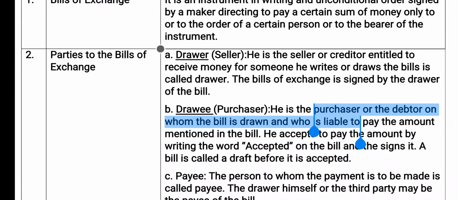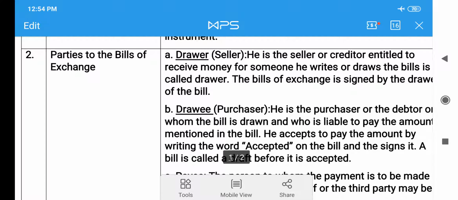So our next glossary word is parties to the bills of exchange. Now it will become clearer from our second glossary word how many parties are involved in bills of exchange.